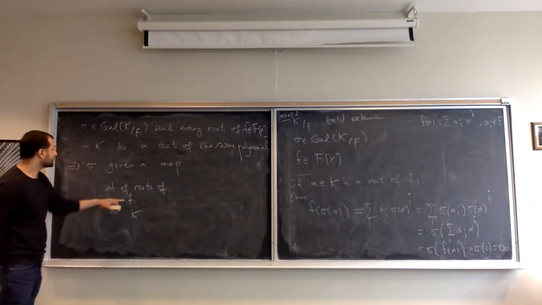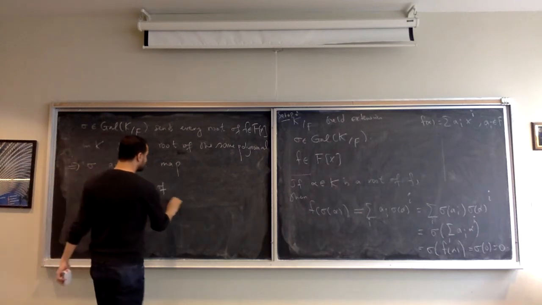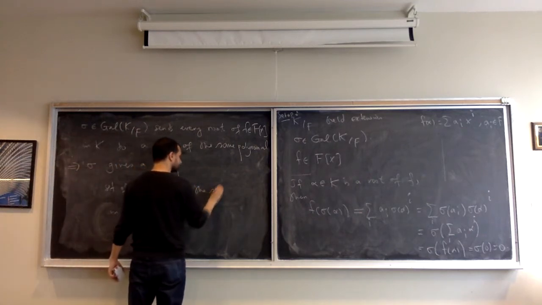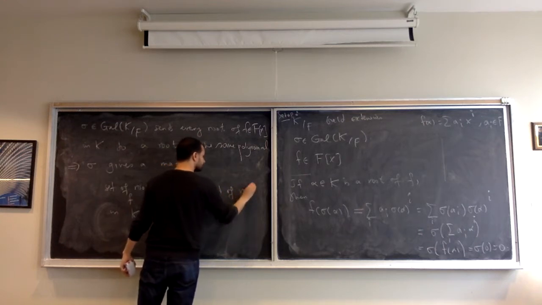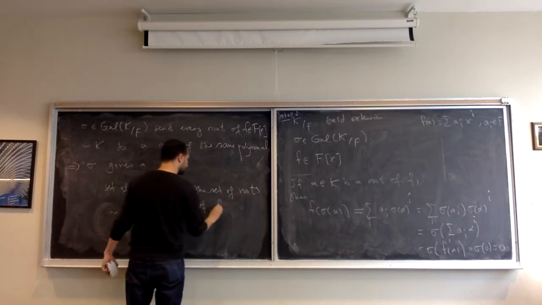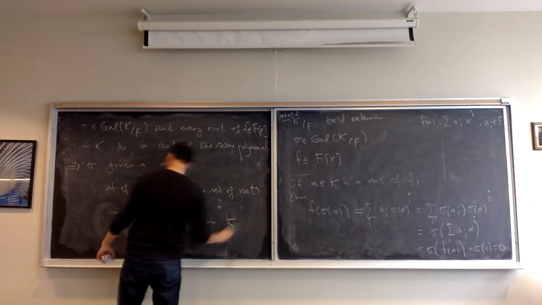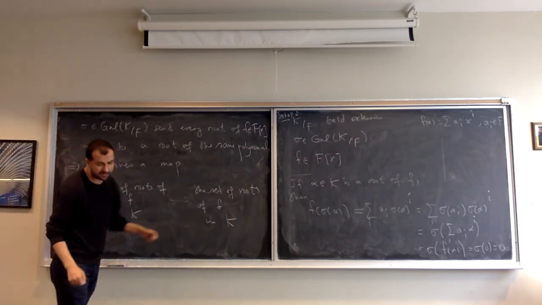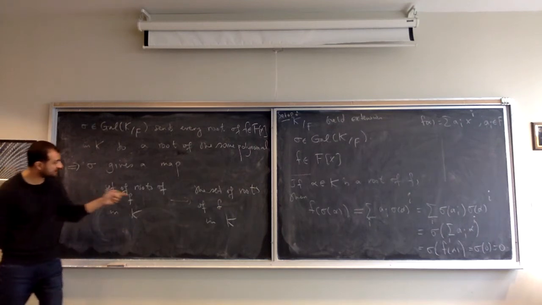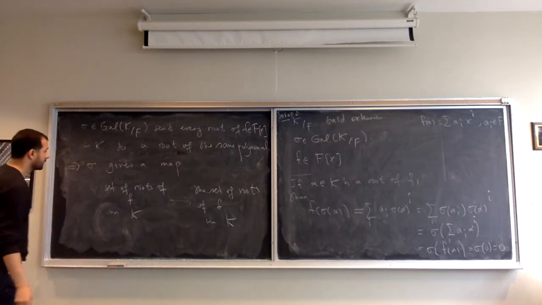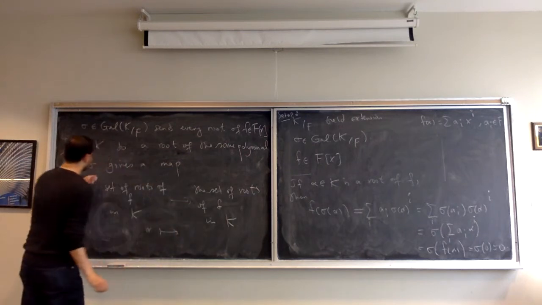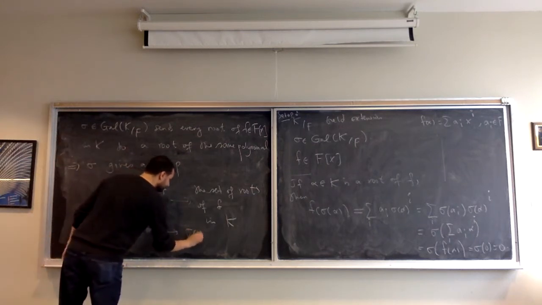From the set of roots of f in K to the set of roots of the same polynomial. Okay. It sends any root to, again, a root of the same polynomial. It gives you a function from this set to itself. The function being just alpha to sigma of alpha.